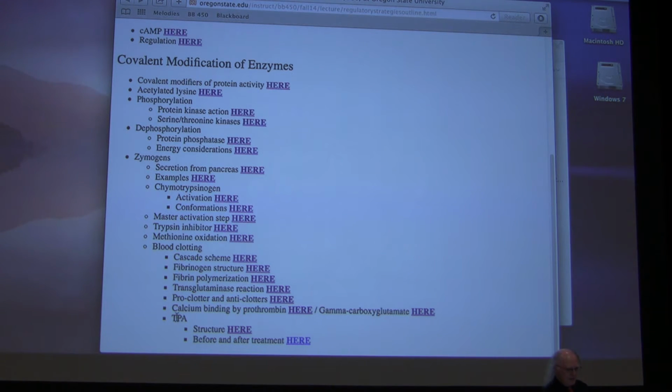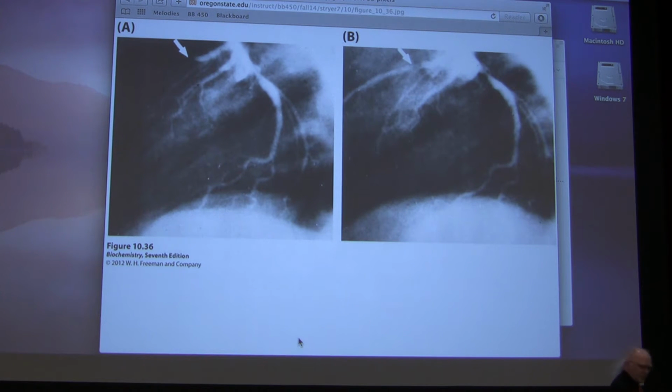TPA was the first genetically engineered compound that was actually approved for use in human beings. And it was approved because under some very specific usages, it saved lives and reduced the effects of stroke and heart attack. Let me show you an example right here. What you see on the left is a heart that has been blocked by a clot.